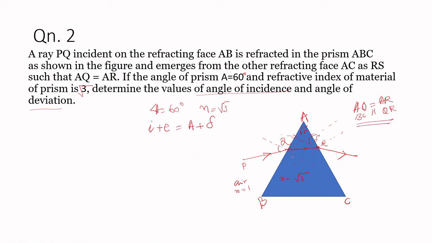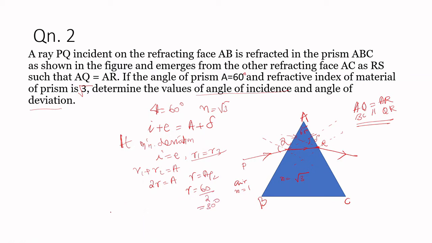That means the ray is undergoing minimum deviation. So at minimum deviation condition, I is equal to E, R1 is equal to R2, and we know that R1 plus R2 is A. So since R1 and R2 are equal, 2R is equal to A, and R is equal to A by 2. But A is given as 60 degrees. So R is equal to 60 by 2, which is 30 degree.